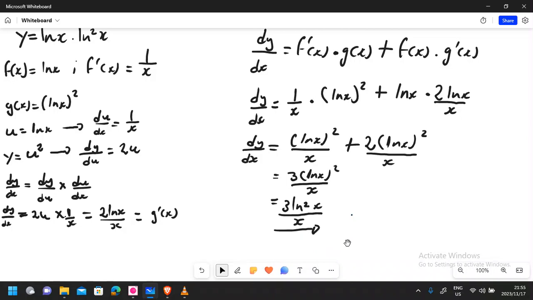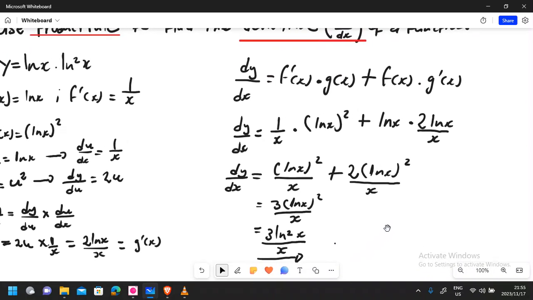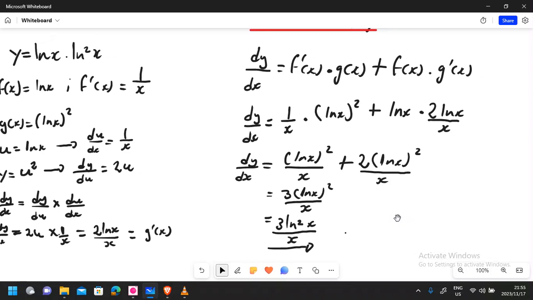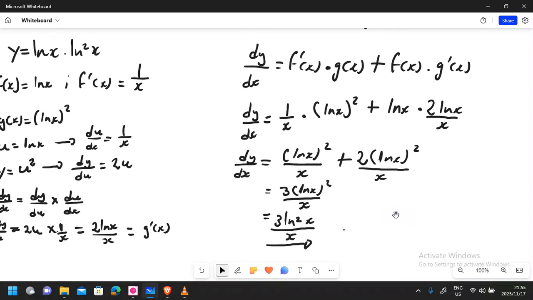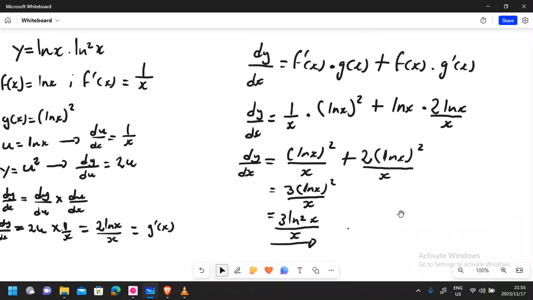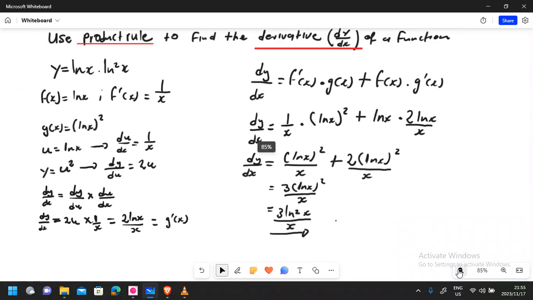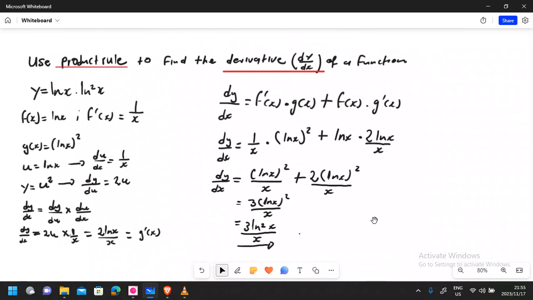It just needed you to know your natural logs, and also these rules, the product rule and the chain rule, because here it's a combination of 2. So try to understand that when we have a combination of 2, you must use both.